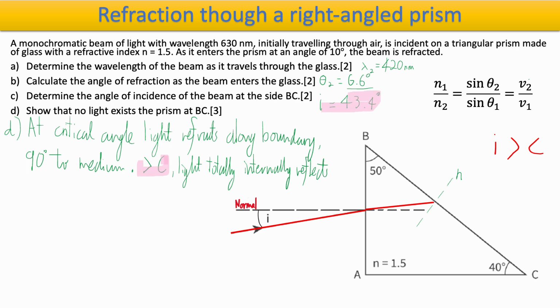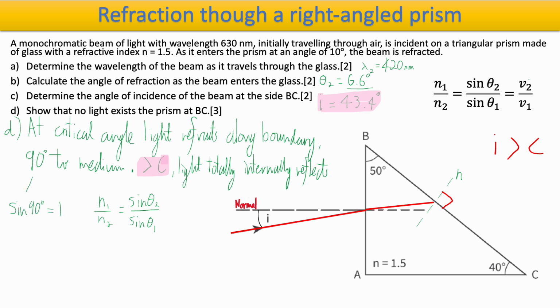Alright, so if the angle is greater than C, now at the critical angle, the ray will refract 90 degrees. So the boundary here, the ray will go right along the boundary, okay, following that BC line of the prism.